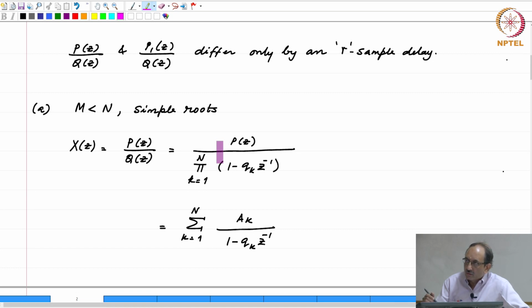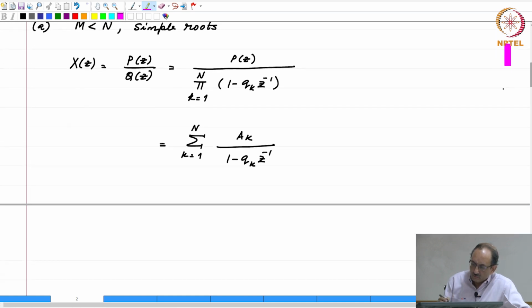So, this is in proper form, and these are called residues. The A k's are called the residues.